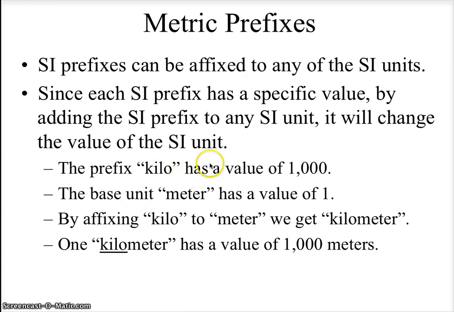Now, meter by itself basically has a value of 1. So if you put kilo and meter together to make a new word, we get kilometer. And what that ultimately means is 1 kilometer has a value of 1,000 meters, because kilo means 1,000 and meter means meters. So you can affix prefixes to many different base units.